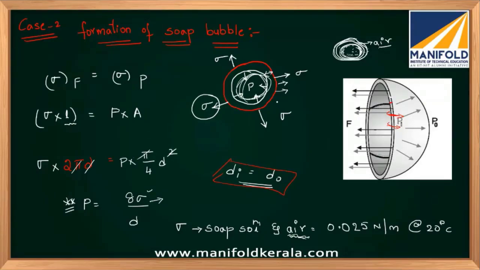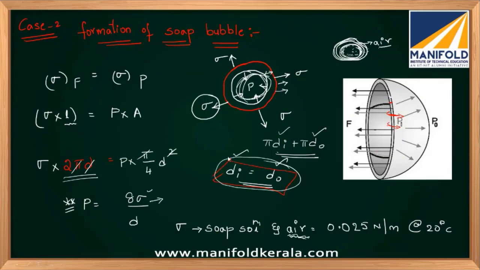So the 2 different circumferences are there. That's why we have multiplied with 2 here. It should be pi d inner plus pi d outer, because of soap and water. Di and d outer are very, very nearer values, so di should be equal to d outer.